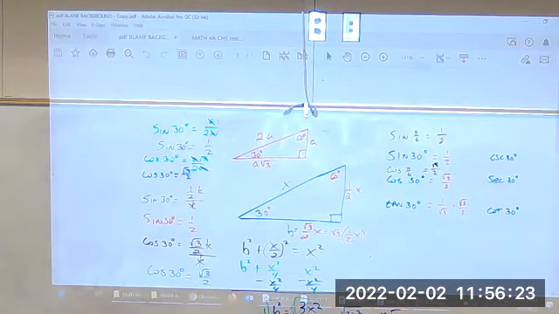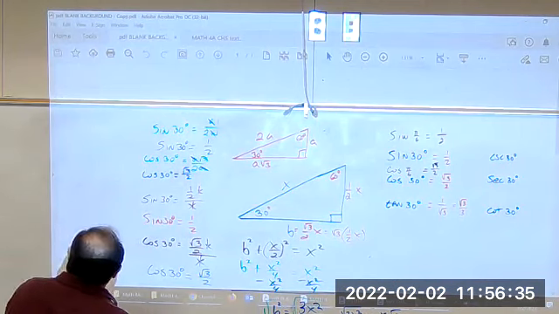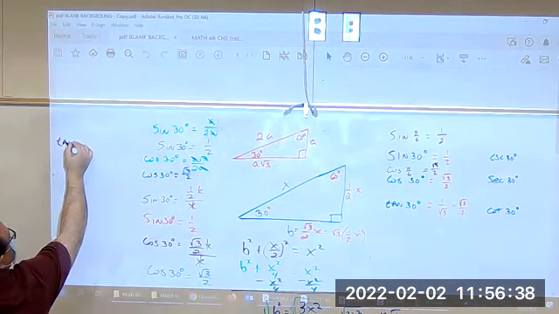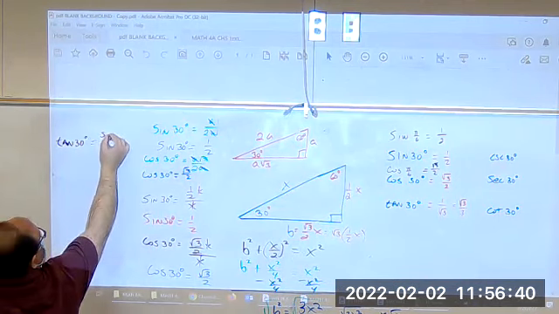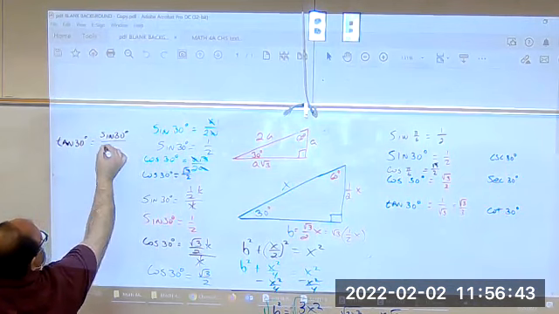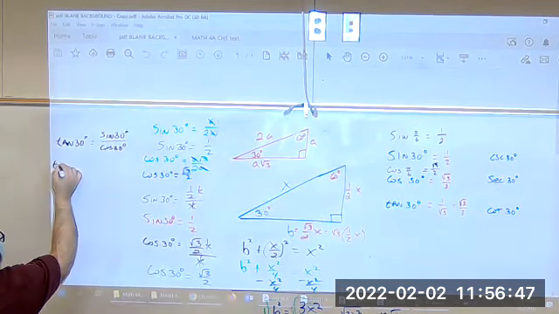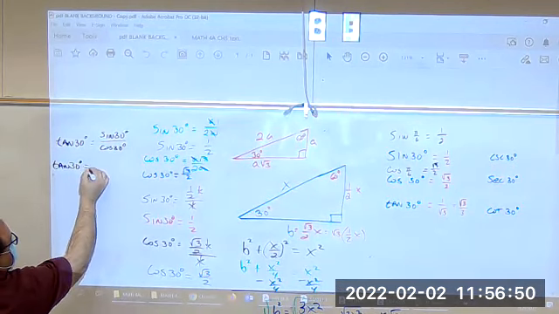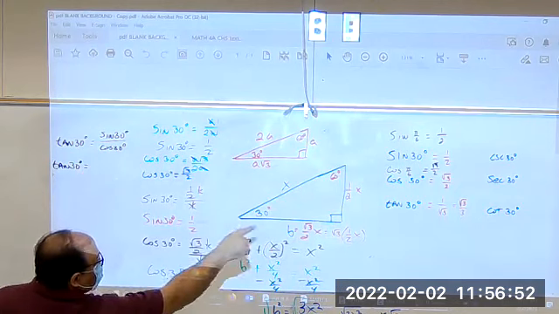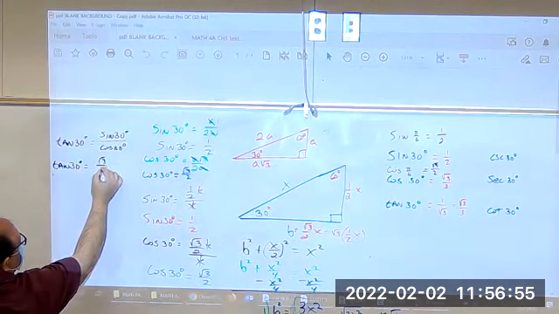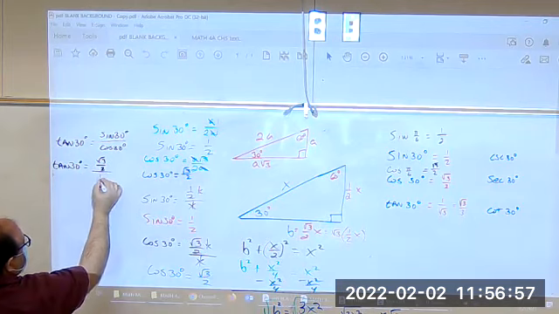And then tangent. Well, tangent, you can put sine over cosine. If you know the cosine and the sine, you can just put one over the other. The tangent of 30 degrees would be the sine of 30 degrees divided by the cosine. That's one way to do it. Because I have those other answers, the cosine is square root 3/2 and the sine is 1/2.